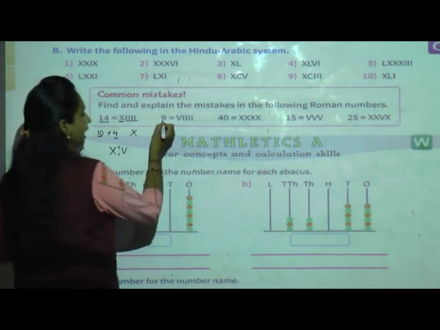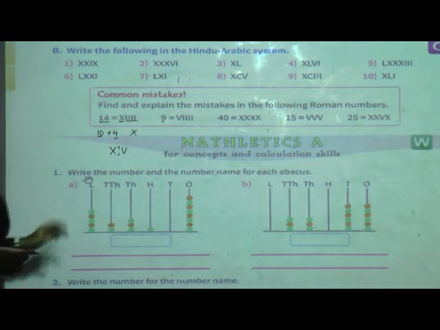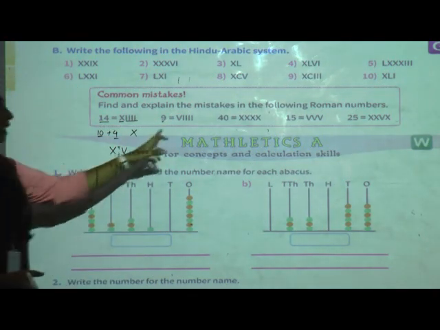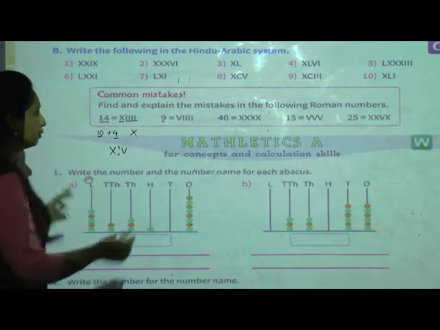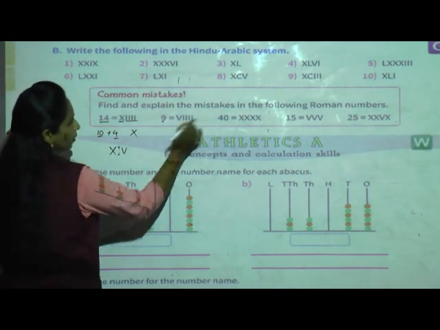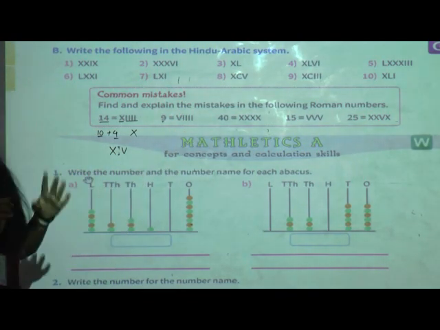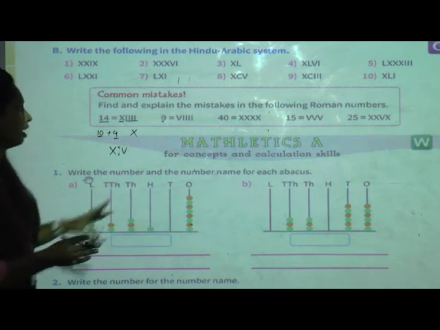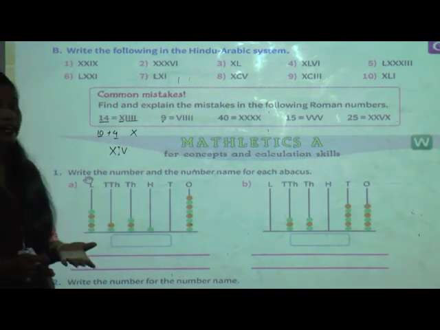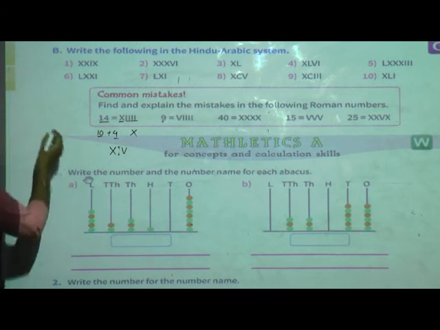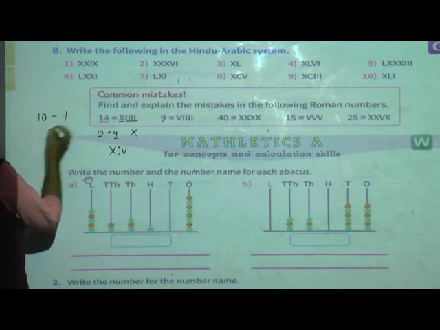Now what about 9? As you know, V is 5 and I is 1. So automatically V and I 4 times. First of all, I 4 times repetition is not allowed. And then how do you find 9? 10 minus 1 becomes 9.